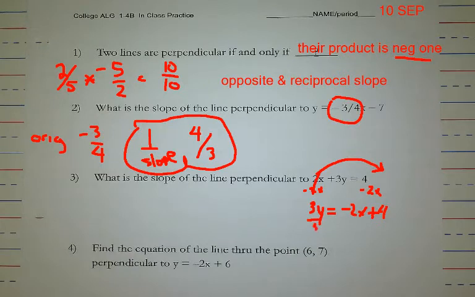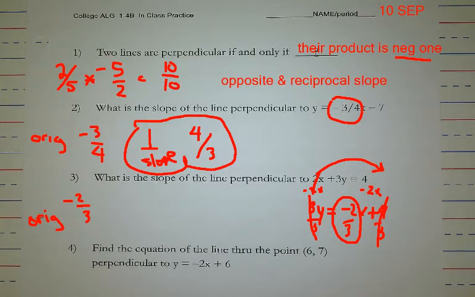Divide by 3, divide by 3, divide by 3. Now, the only number I care about is the slope. So I don't care about this, I don't care about this, right? All I care about is the slope. -2/3 is the original slope.